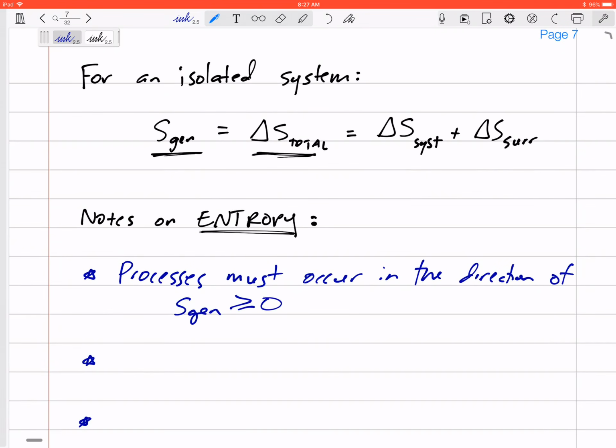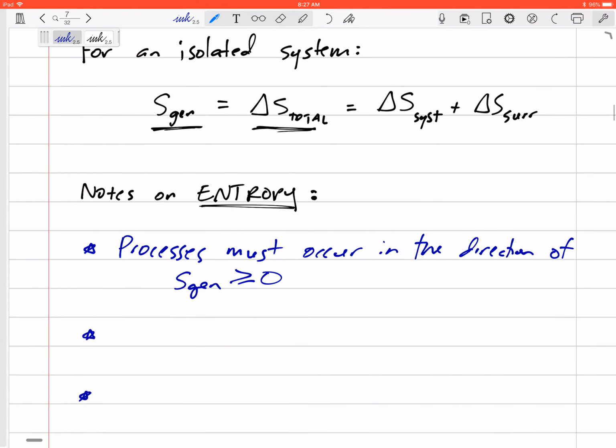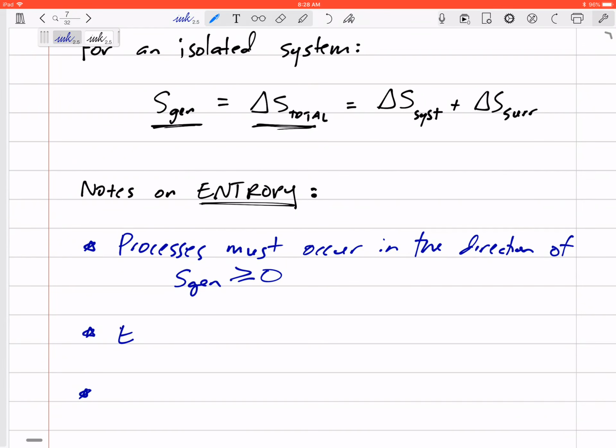Processes must occur in the direction of S-gen greater than or equal to 0. There is no conservation of entropy. Entropy is not conserved. Right? Entropy is always increasing. So we can't keep track of the entropy.